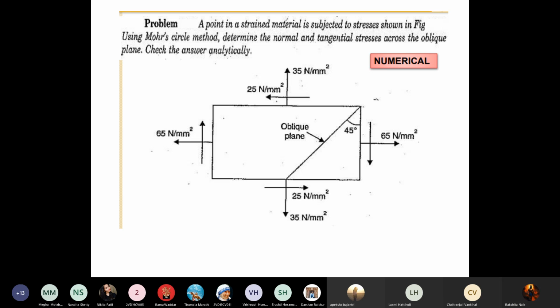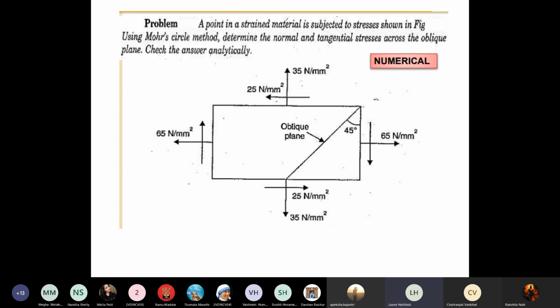Yes, ma'am. Okay, fine. Please read the question as it is shown to you. You can solve the problem either by the graphical method or by the analytic method, because in both ways you are now well acquainted. You have different formulas to calculate the maximum and minimum principal stress, and you have also studied the Mohr circle.